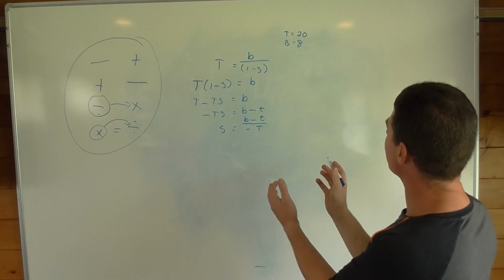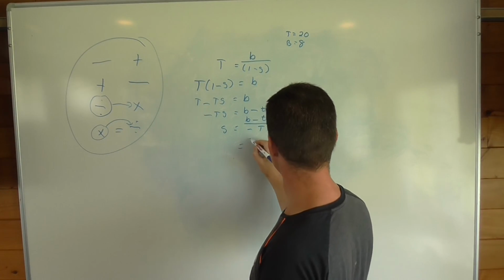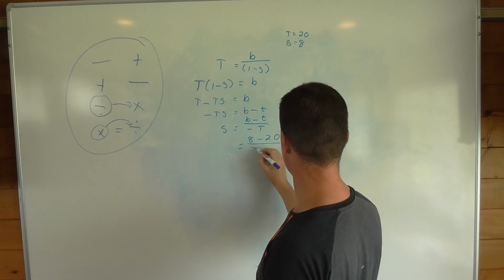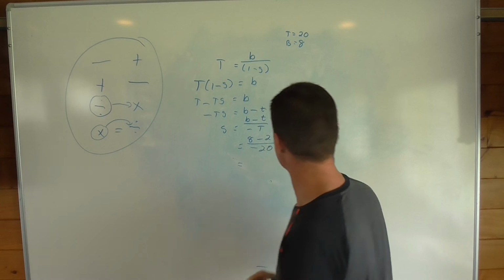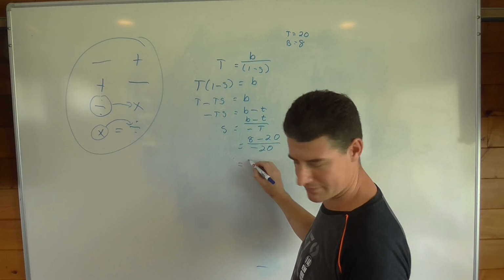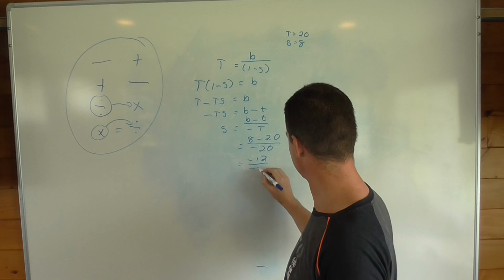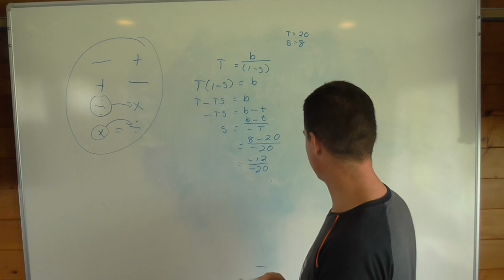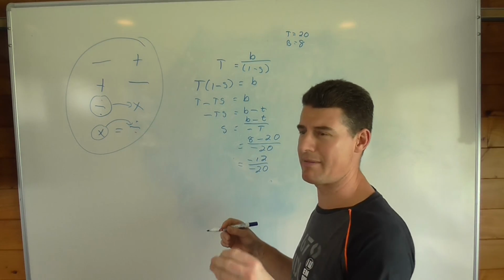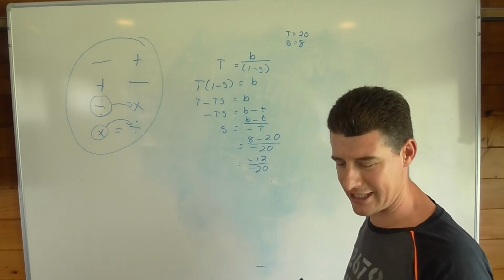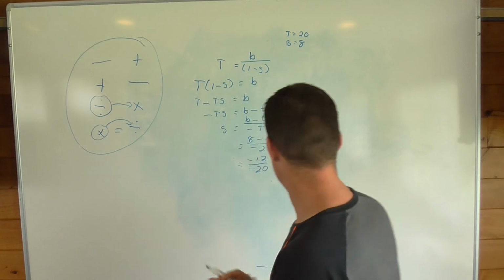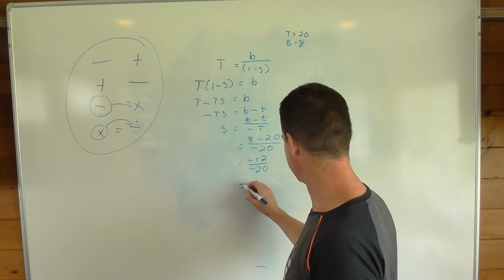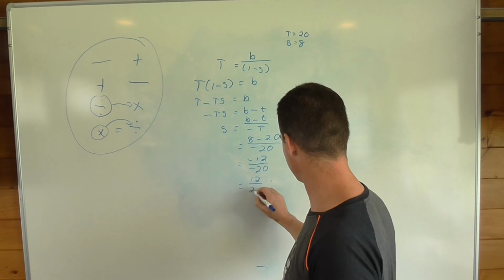So now that we've got it, S then equals B is 8 minus 20 divided by minus 20. So 8 minus 20 is minus 12, divided by minus 20. Okay, but now remember the first lessons we did of business literacy: a minus divided by a minus is a positive answer, so that'll be 12 divided by 20.